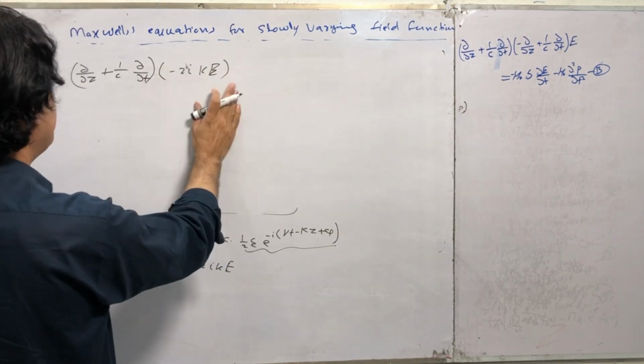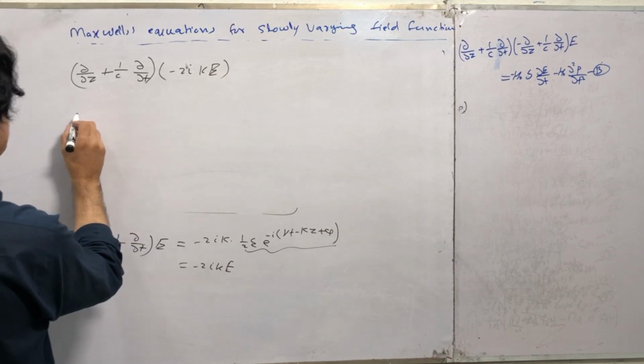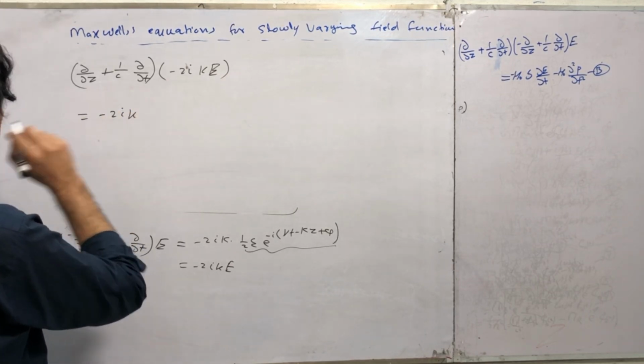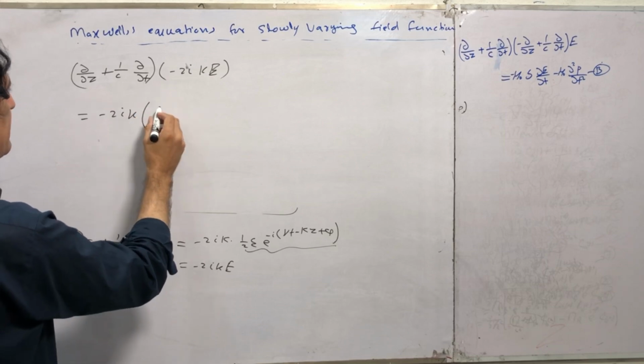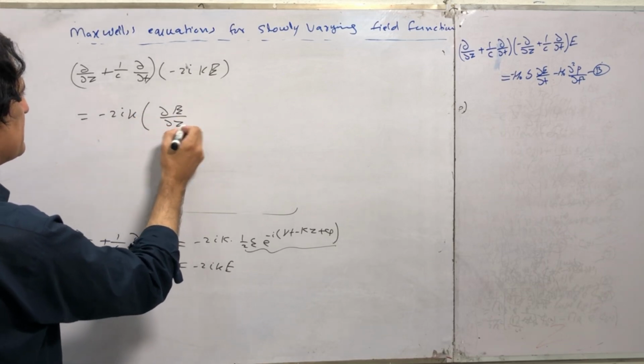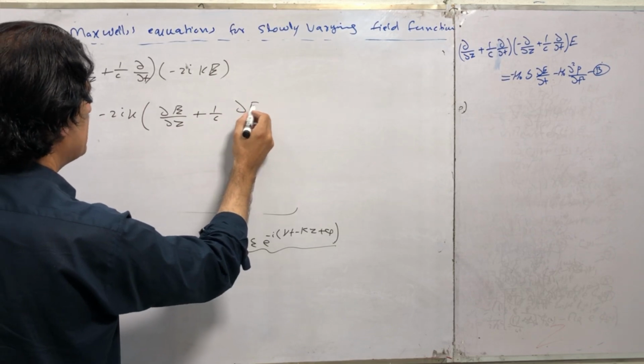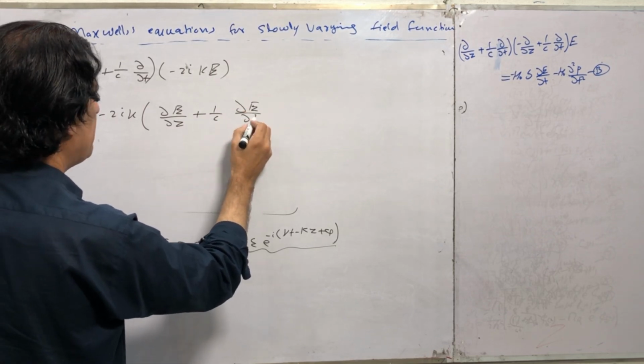To solve this further, we must take minus 2 iota k and partial e divided by partial z plus 1 over c partial e divided by partial t.